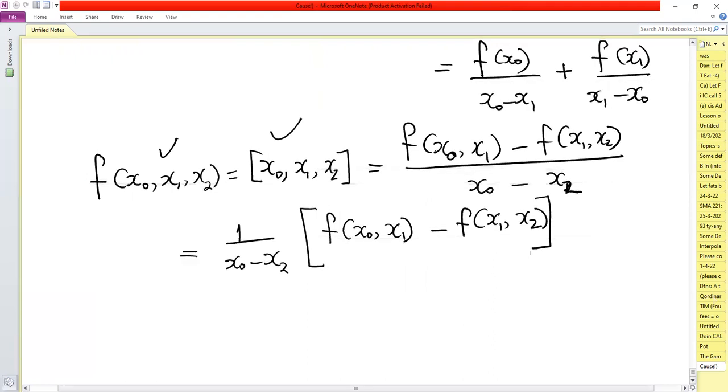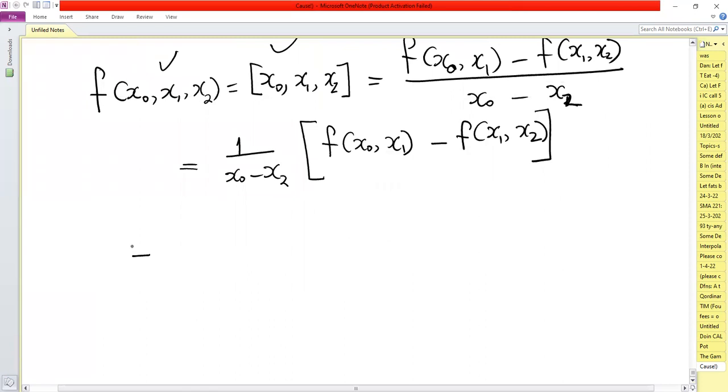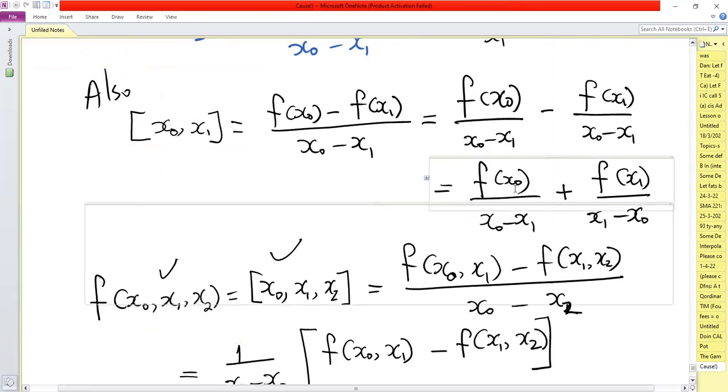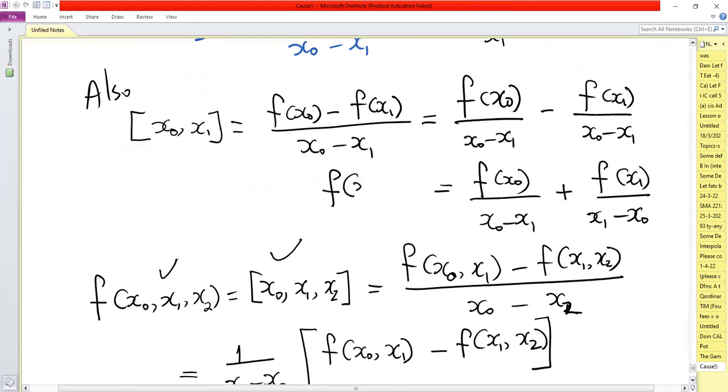which can be written as 1 over x0 minus x2 into, now using the first definition, remember this notation is the same as this.